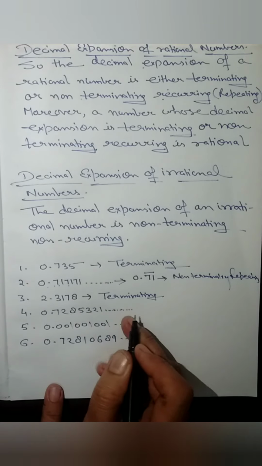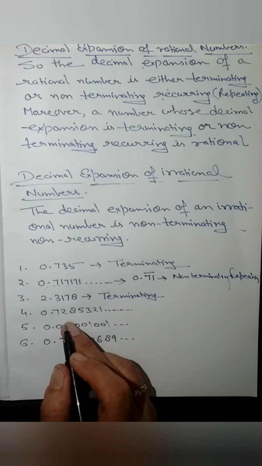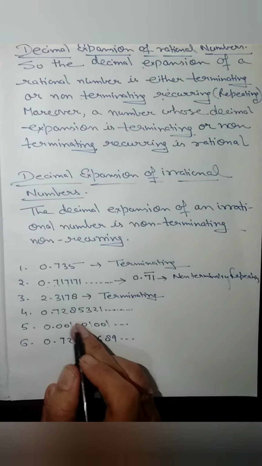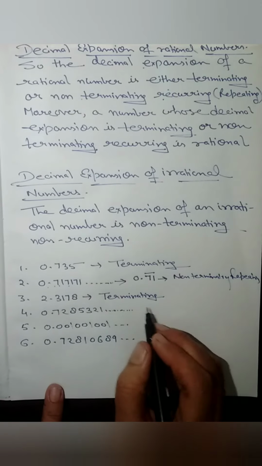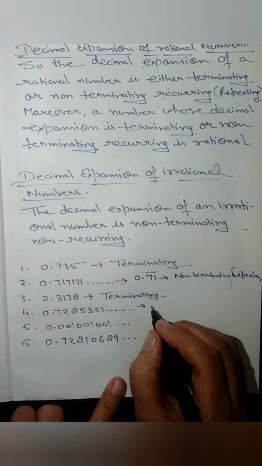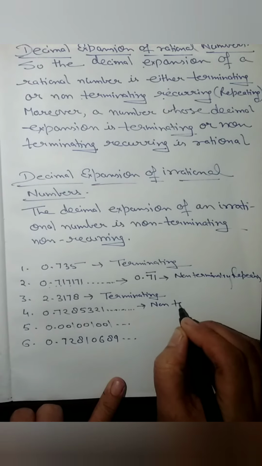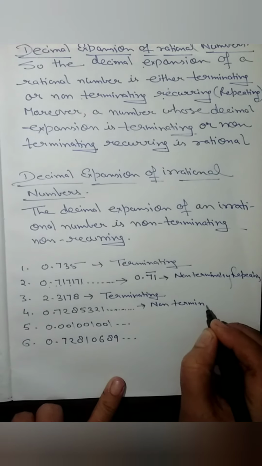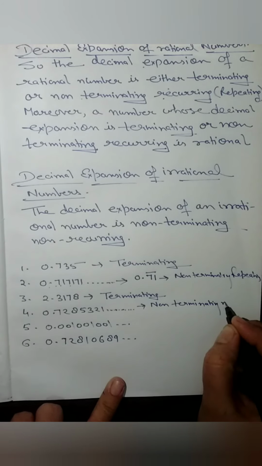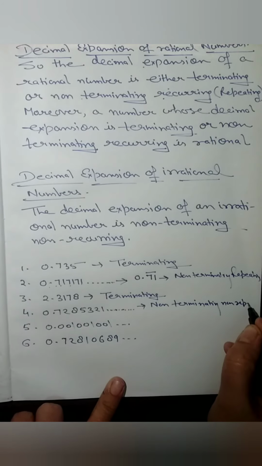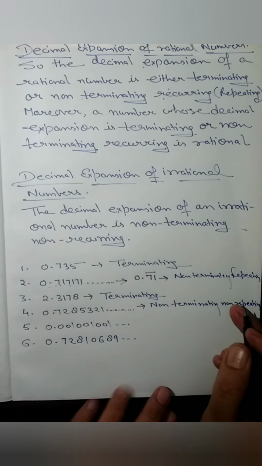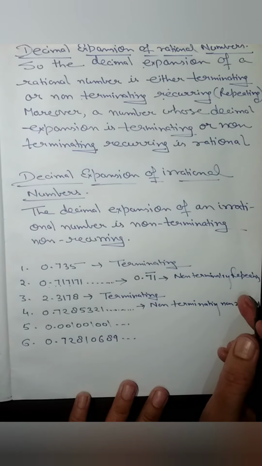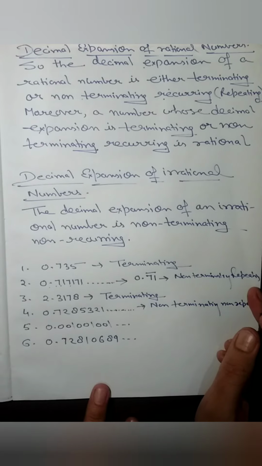It is endless, and this is also not non-terminating repeating because we can see here digits are not repeating. So these types of decimal expansions are called non-terminating non-repeating decimal expansions or non-terminating, non-recurring. We can also use the word recurring in place of repeating.